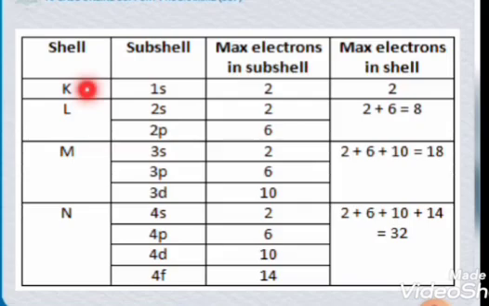Students, you know that shells are divided into subshells. Like in K shell, there is only one subshell. In L shell, 2 subshells are present. In M shell, 3 subshells are present. And in N shell, 4 subshells are present. And these are the maximum number of electrons in subshell. And these are the maximum numbers of electrons in shell.